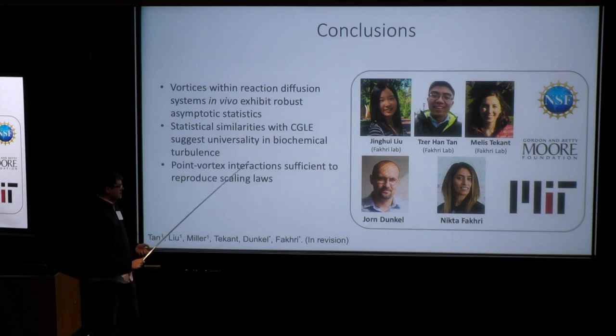And these statistics are matched by a complex Ginzburg-Landau equation, which one would reasonably expect to be a universal model to cover the sorts of reaction kinetics we expect to exist in the system. And finally, an interacting point vortex model is sufficient to recapitulate these statistics, suggesting that the system is in fact reducible to just a set of interacting defects rather than a more broad, more complicated continuum system.